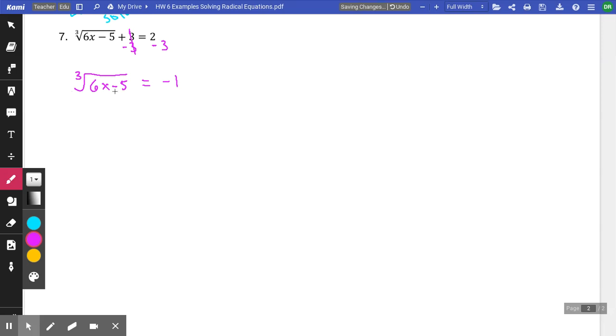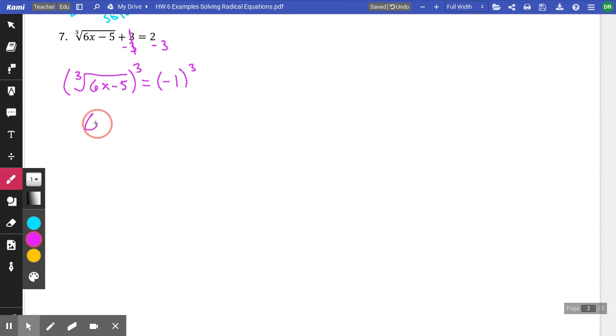And now we're at that point where we have our radical here, and there's no number before the radical or after. And so we cancel. And again, all of this is based on what exponent we're going to use. For cube root, we use the exponent of 3. And that's what we need to make sure we use on the right side as well. So we really do need to put focus there. We know that the radical is going to cancel, but let's make sure we're using the right exponent, because that could change what we get on the other side of the equation.